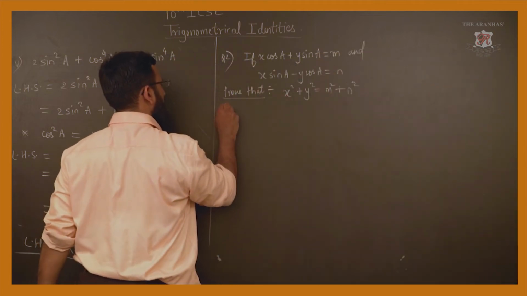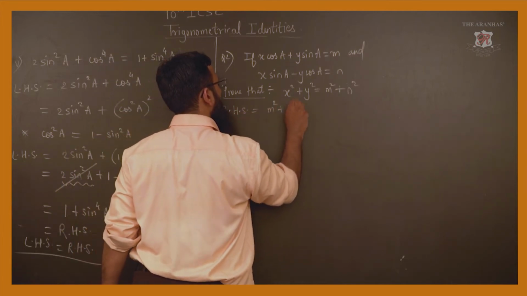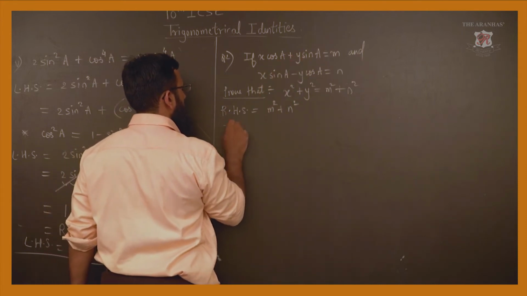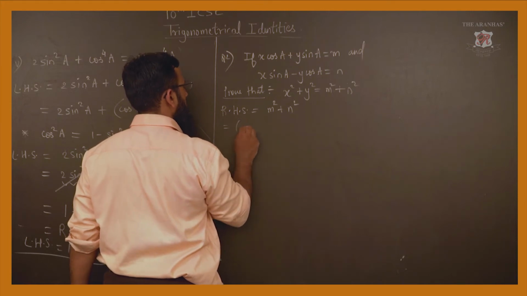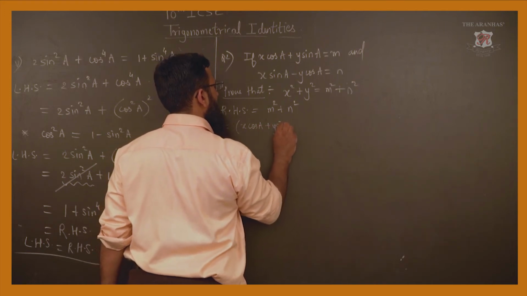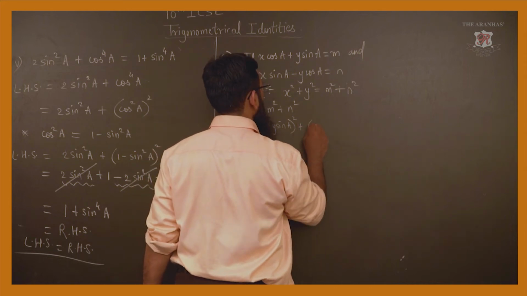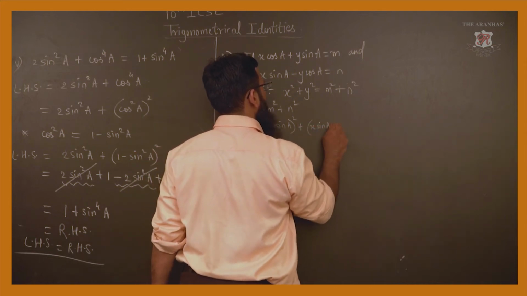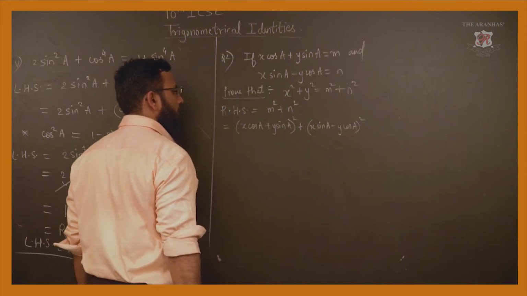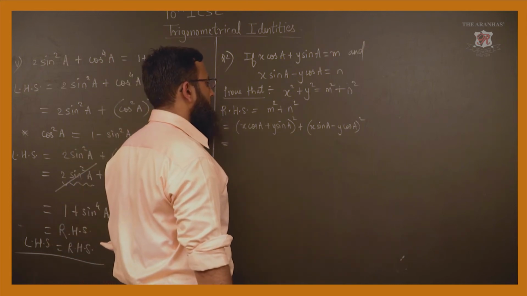RHS is m square plus n square. Let us put the values of m square and n square. So, this will be equal to x cos A plus y sin A the whole square plus x sin A minus y cos A the whole square, which is a plus b the whole square and a minus b the whole square.